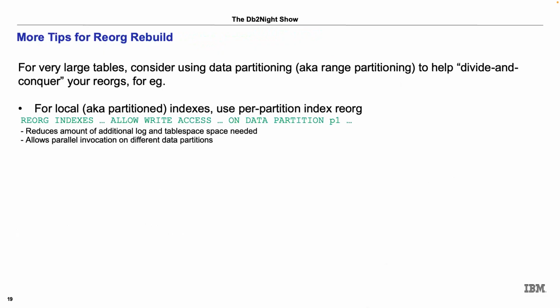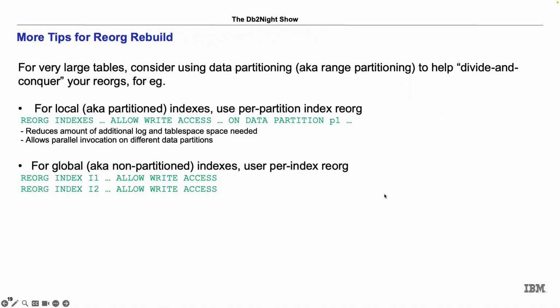If you are using local indexes, you can run online index reorg per partition to reduce the log and space requirements, and you can run concurrent reorgs on different partitions. For global or non-partitioned indexes, you can reorg each index individually online. Remember, we mentioned that a global index resides in its own index object.